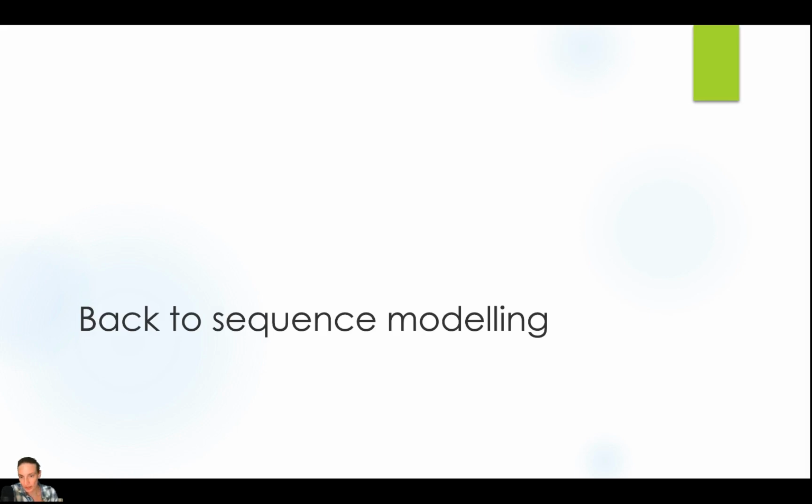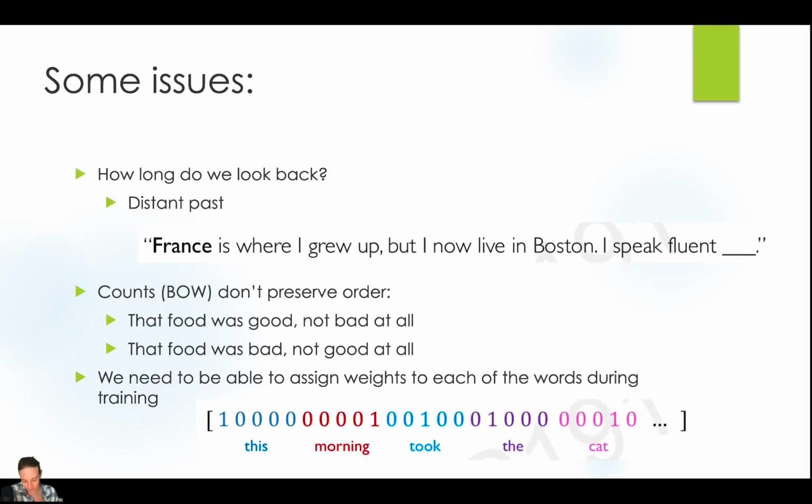We were talking about audio, time series, and text all being sequences that need to be modeled. We have a special type of model for this, because if we were to just feed words one by one into a neural network, we would lose any information about the previous word. For instance, we want to predict this here: France is where I grew up, but I now live in Boston.